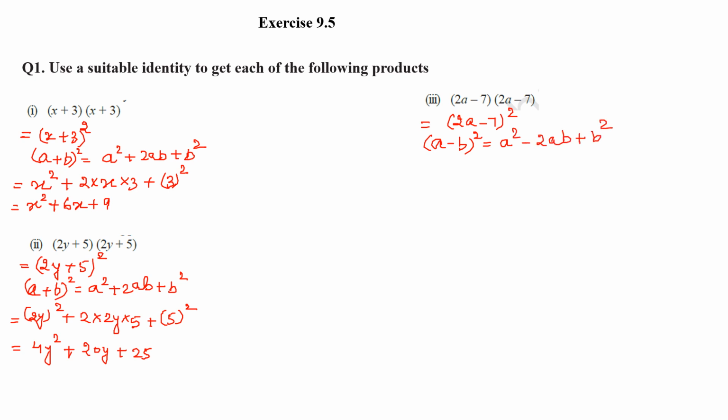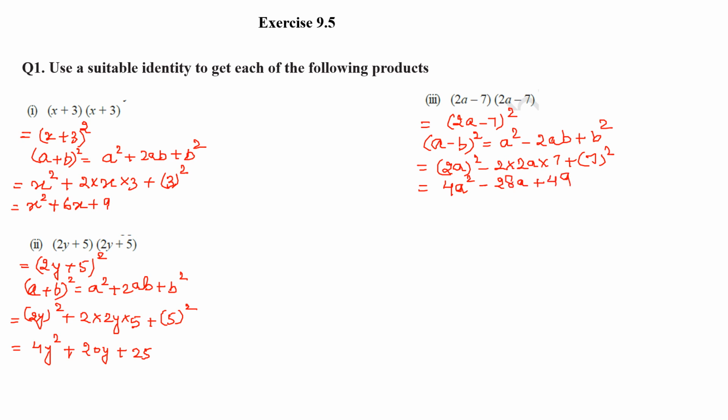So here your a is 2a and b is 7. So a square will become 2a whole square, then minus 2 into 2a into 7 plus 7 whole square. Now 2a whole square will give me 4a square minus 2 2s are 4, 4 7s are 28a plus 49.